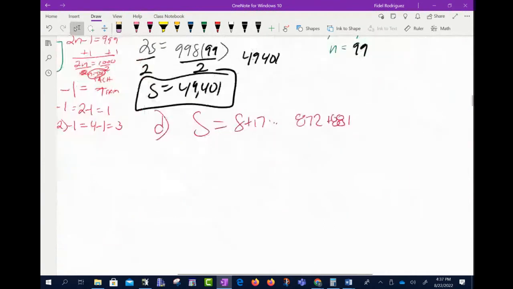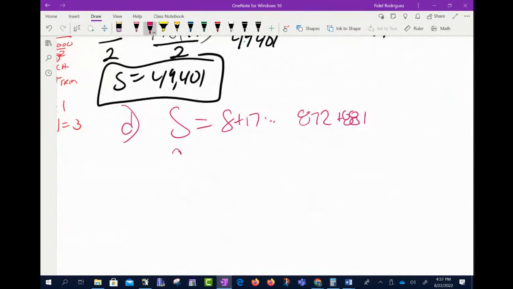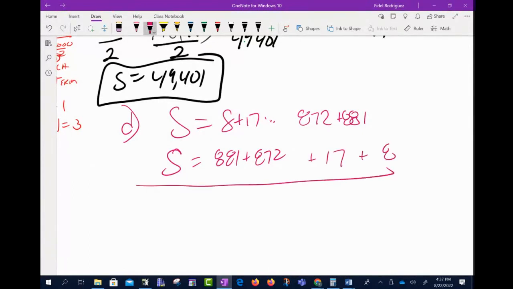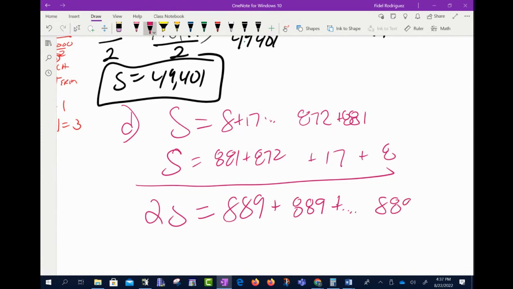Okay, so now I'm going to write down that sum again in the other order. 881 plus 872 plus 17 plus 8. So twice the sum: 8 plus 881 is 889, and that's the number that we continue to add all the way down.